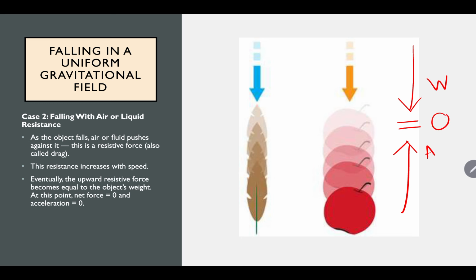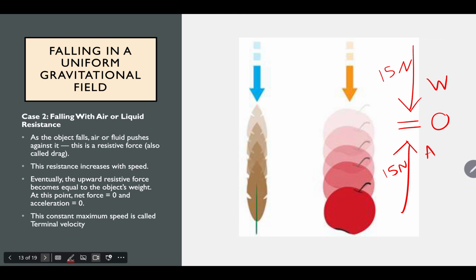So if I have air resistance force of, let's say, 15 Newtons up, and my weight, like we said, is 15 Newtons down, since they're opposing, plus 15 and minus 15, it's going to give me 0. So at this point, the net force is 0 and the acceleration is 0.